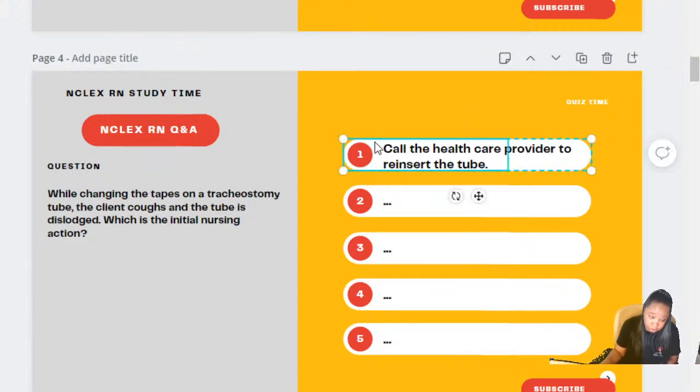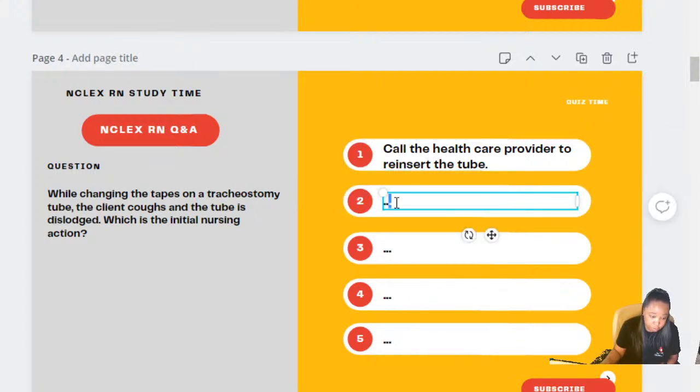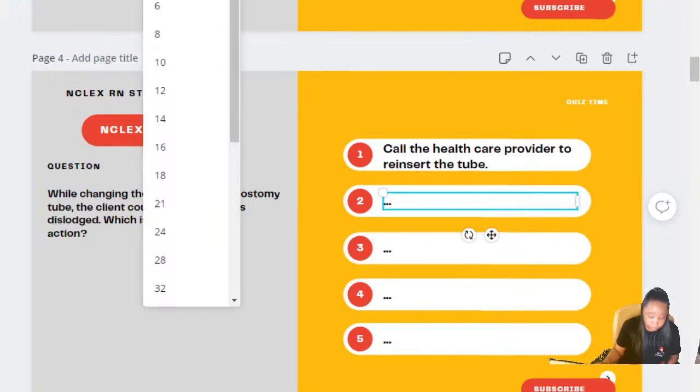You will be calling the doctor if needed, of course, but that should not be the first thing you would do. When they say initial, it means the first thing you have to do before the doctor comes. That cannot be the first thing because there's a delay. Something might happen. So this is not the initial choice.